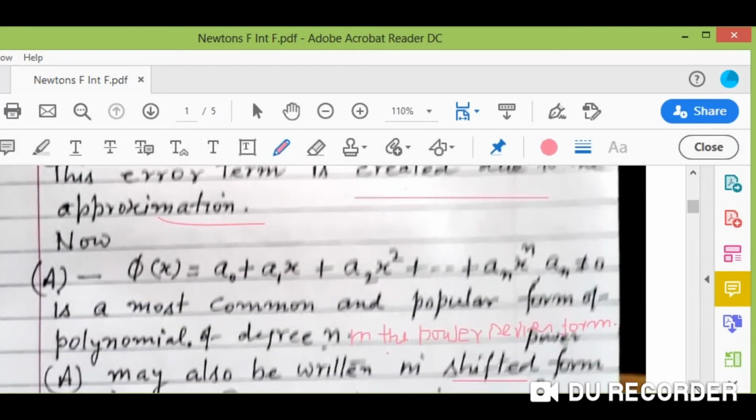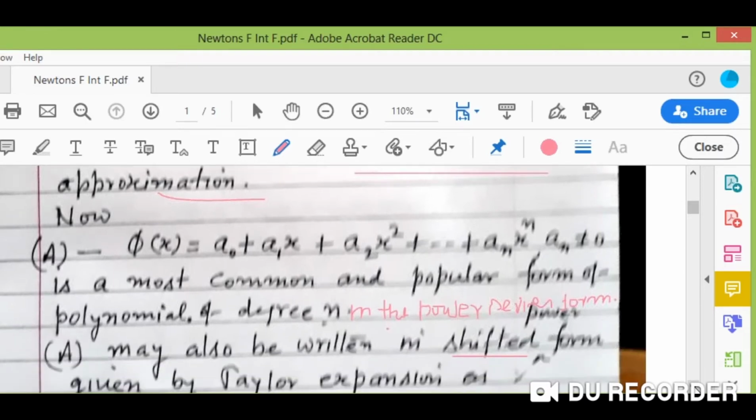Now this polynomial phi(x) is equal to a0 plus a1x plus a2x squared plus up to anx to the power n, and the condition is that an is not equal to 0. Why is an not equal to 0? Because this an decides the degree of the polynomial. If you put an equal to 0, this term goes to 0, and the previous term, a(n-1) x to the power n minus 1, will decide the degree.